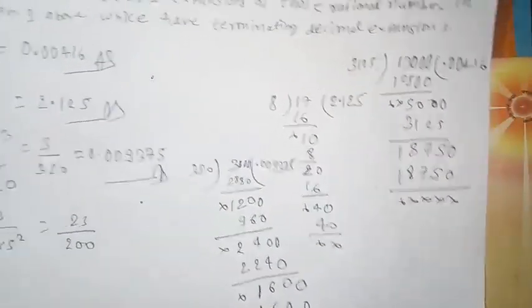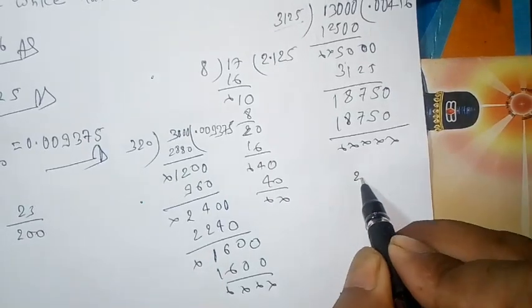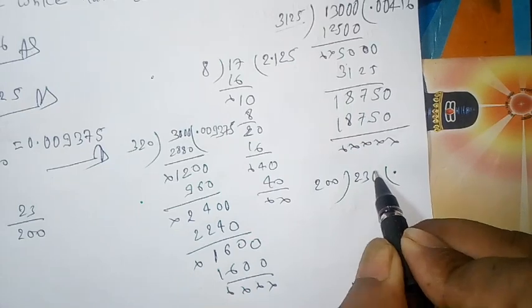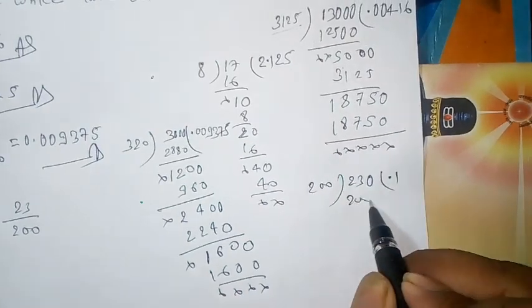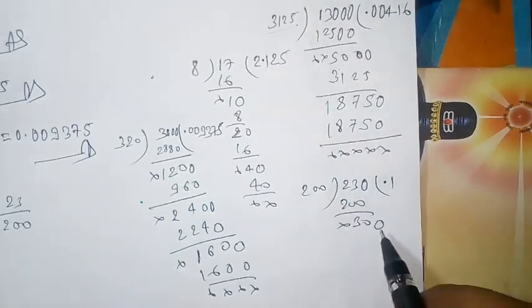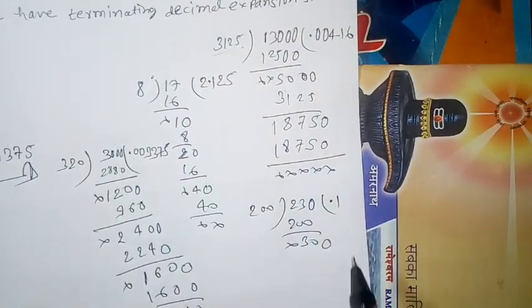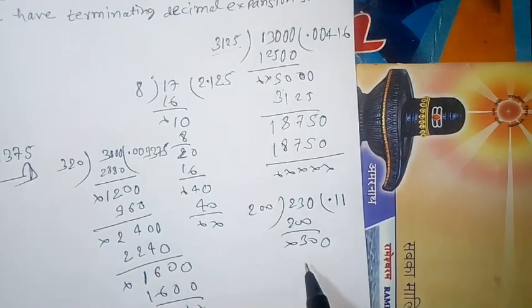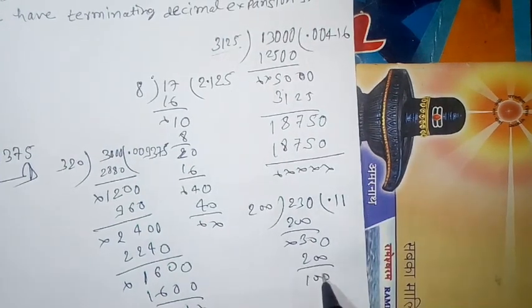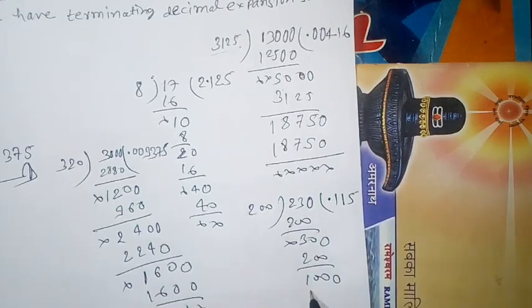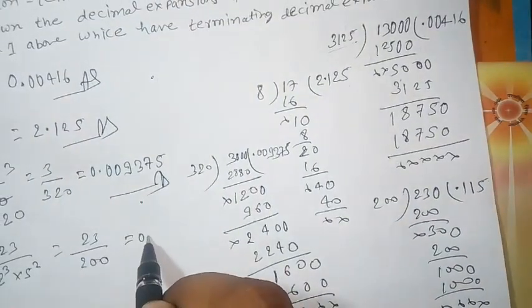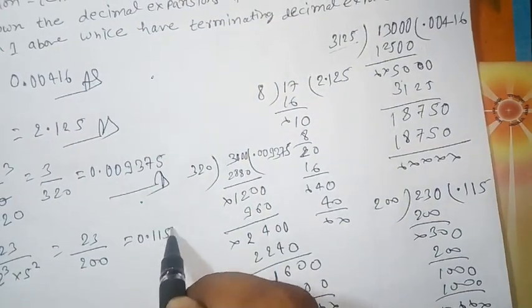Now 23 is divided by 200. Putting the decimal, then I get 0.115, answer.